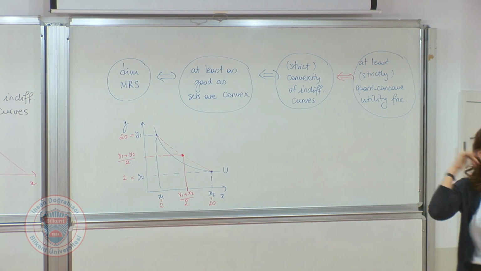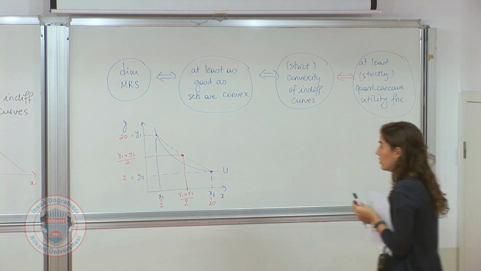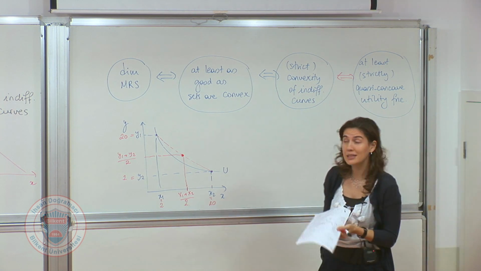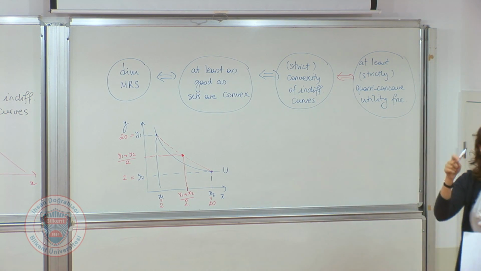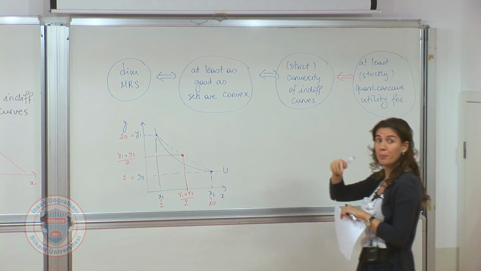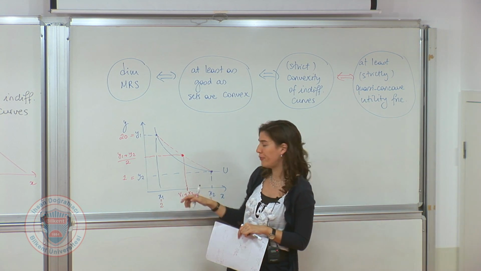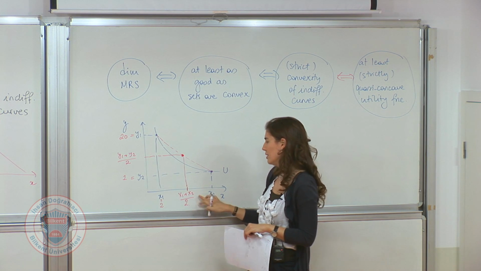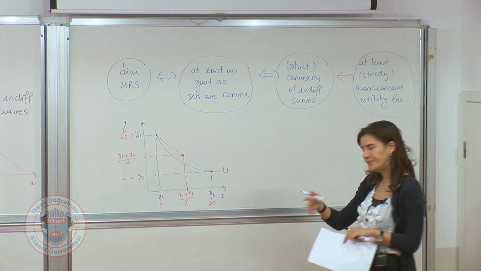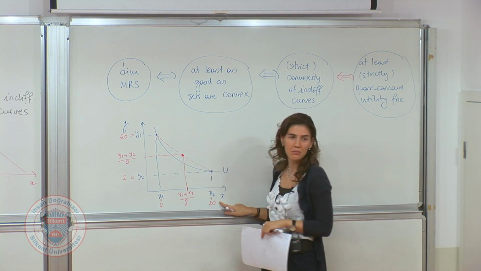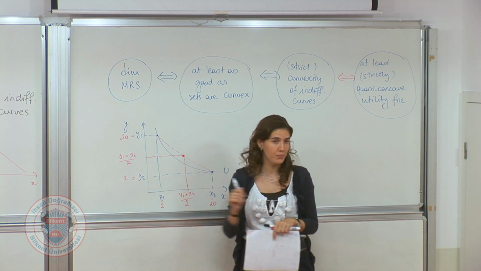So this is another explanation that you can tell your grandma: this strict convexity of indifference curves means that you prefer having 11 Cokes and 11 slices of pizza to having 20 Cokes and 2 slices of pizza, right?